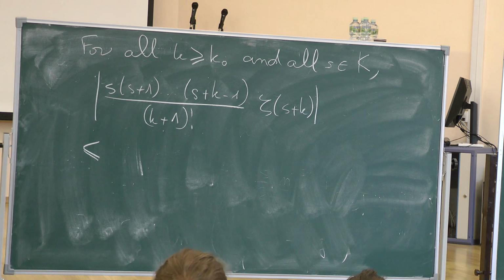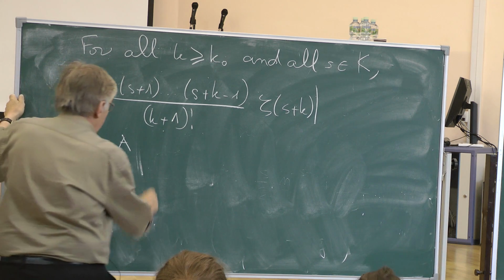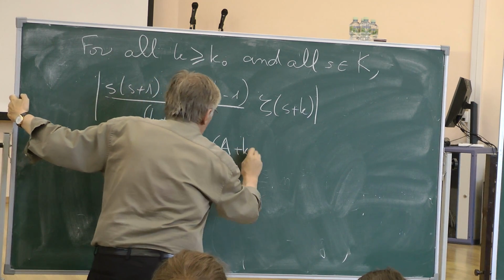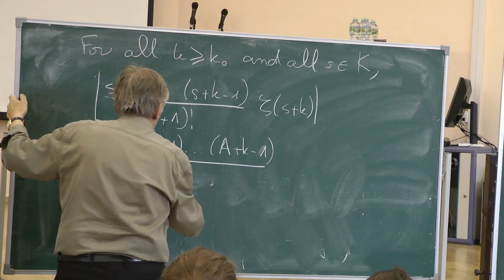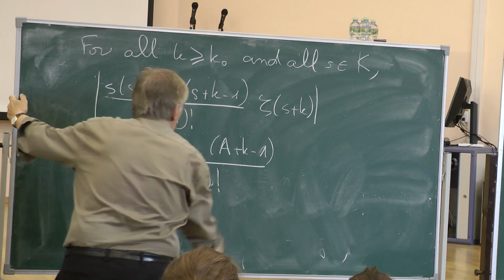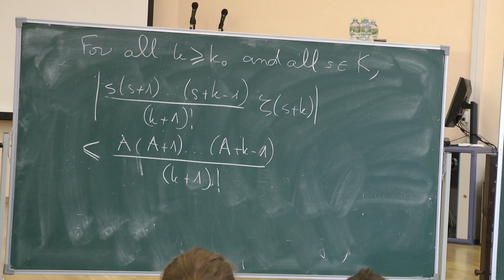Since the absolute value of s is less than A, the first term is less than A, the second one is less than A plus 1, this one is less than A plus k minus 1. This one is just k plus 1 factorial. And for the zeta of s plus k, I use the fact that k is larger than k0, and therefore when I take the real part of s plus k, it will be larger than 3/2, and therefore I am allowed to use the bound which I have here.